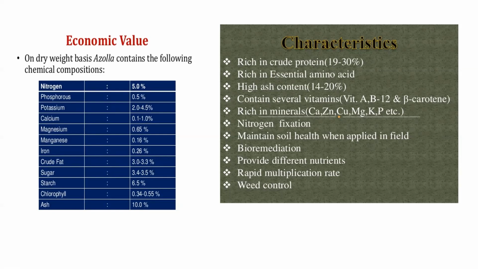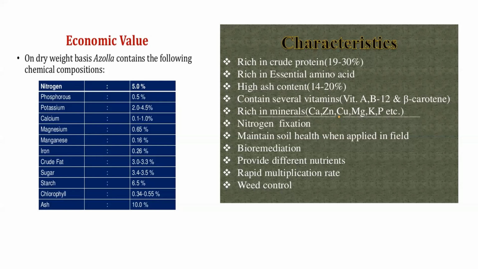So bioremediation, azolla can be used as a bioremediation technique. When you have pollutants in a particular place, the azolla can absorb a few pollutants and correct the imbalance in the soil.